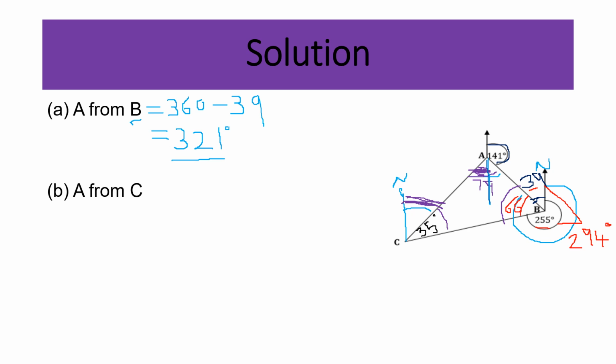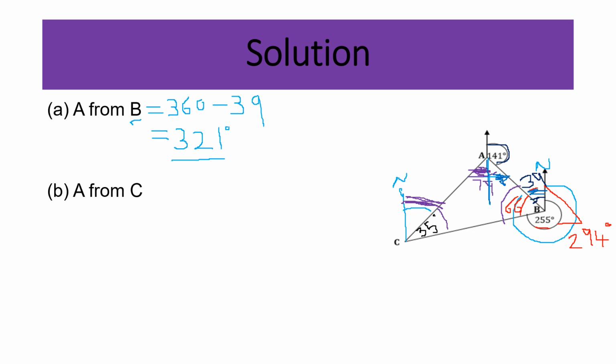Or you can just do another one. The 39 which you have found, they are also making a Z shape, which are alternate angles, meaning this is 39 here and here it's 39. So in short, subtract 39 from 79.